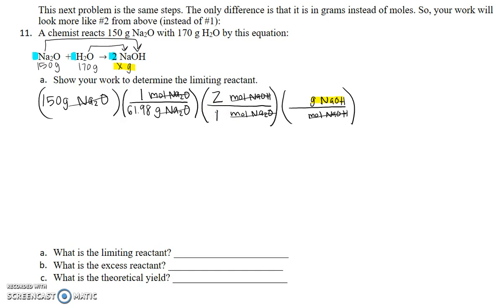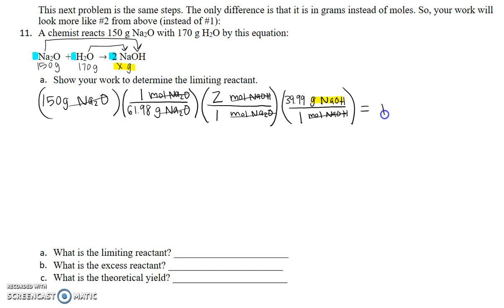Last but not least, I have a grams to moles conversion, meaning I'm looking at molar mass, and the molar mass is the mass of 1 mole. 1 mole of NaOH I find by adding up the mass of sodium plus oxygen plus hydrogen. The molar mass of NaOH is 39.99. When I plug this in my calculator, I take 150 divided by 61.98 times 2 times 39.99.